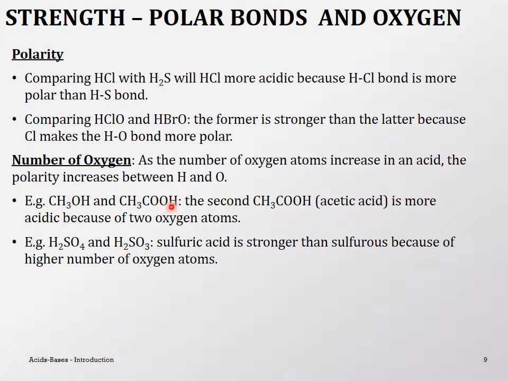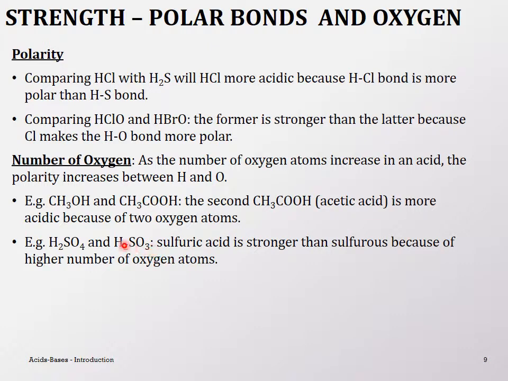So this H-O bond is easy to break, so this hydrogen will get ionized. The hydrogen of the methanol, on the other hand, can be ionized, yes, but not as readily as the one in acetic acid. So if you're comparing these two, then acetic acid is stronger.